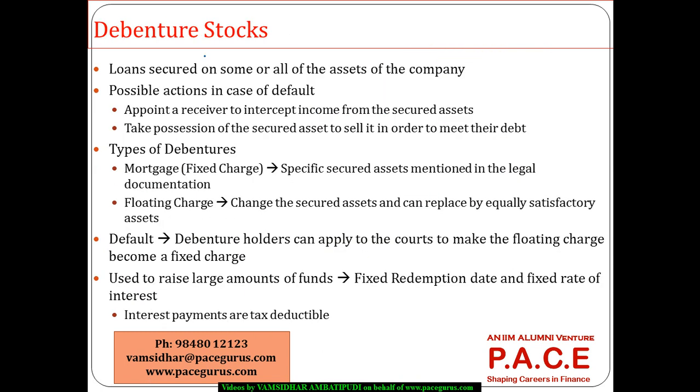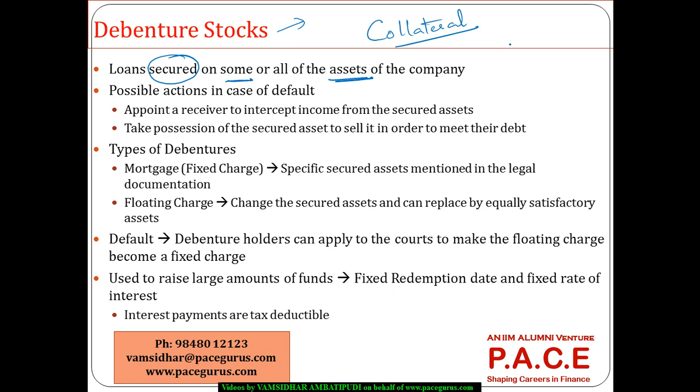And a slightly different form of that loan capital is the debentures. It is secured. Secured means it's a kind of collateral on some or all assets of the company, which means this is like a secured loan.